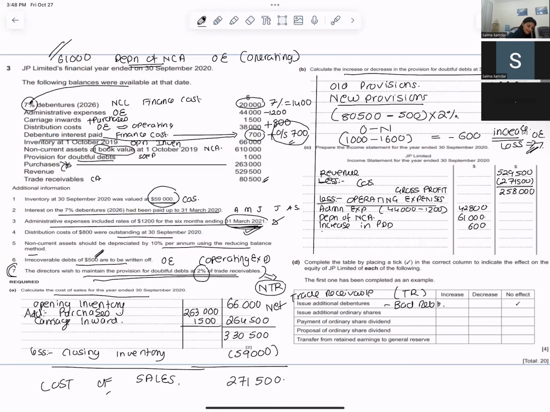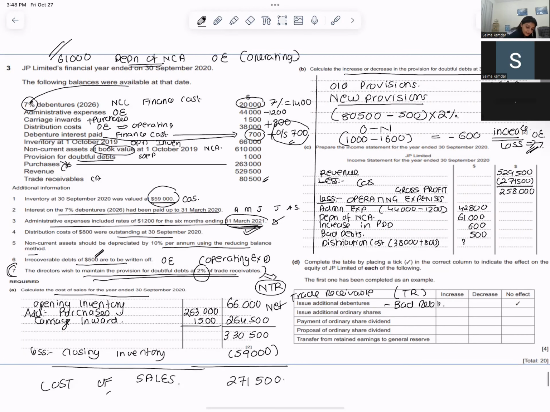Then we also have bad debts, and distribution cost of 500. Then we'll go in the order. Distribution costs 38,000 plus 800, so distribution cost is 38,800.